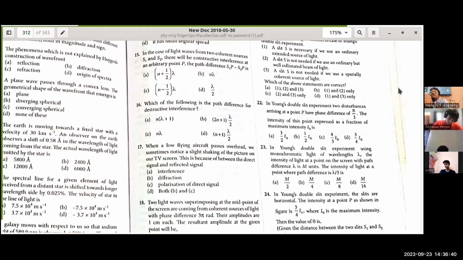By the way, in YDSE it is understood that both are equal intensities, so you can use the formula directly. Tell me which formula you can use. 4 I naught cos square phi by 2. Yes, you can directly use the maximum resultant intensity formula, 4 I naught cos square phi by 2.